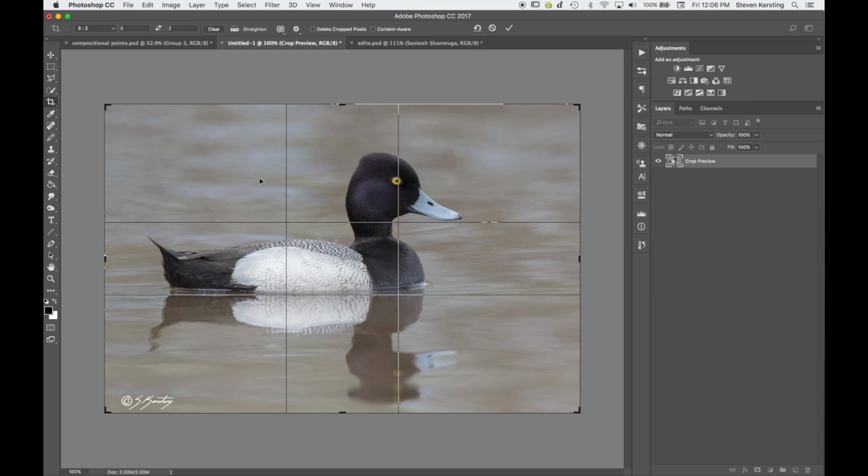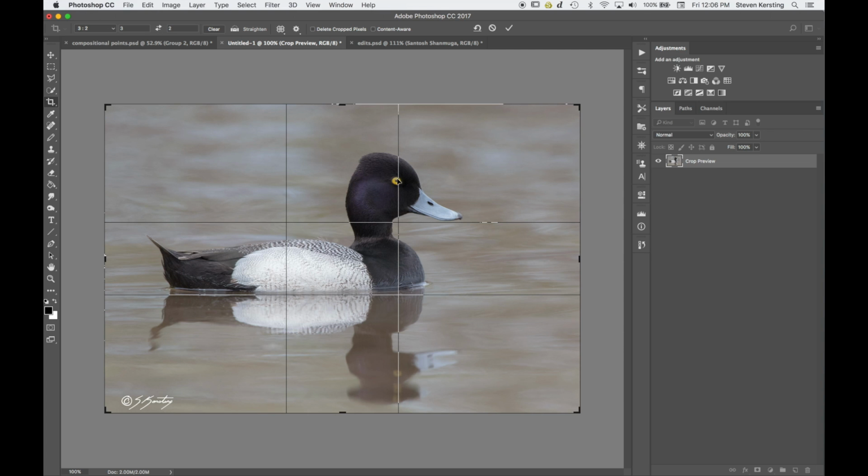This creates a larger area for the duck to occupy, which gives it more prominence, more importance. Creates a smaller area for the reflection, which reduces its importance, as well as pushes it closer to the periphery of the composition, which also reduces its importance.